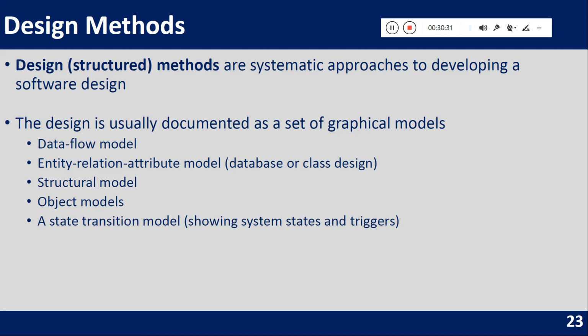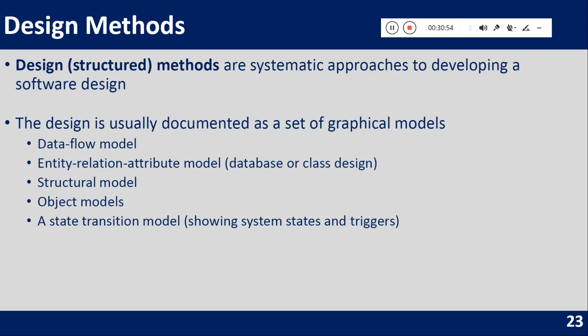It may be a data flow model, an entity relationship or ER diagram, a database or class design, a structural model and object model, or a state transition diagram showing the system states and triggers.